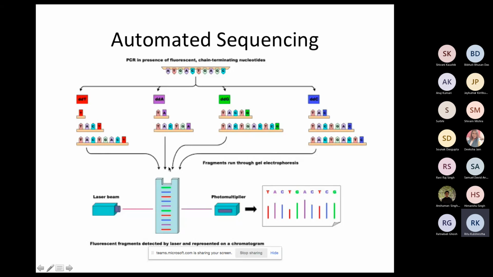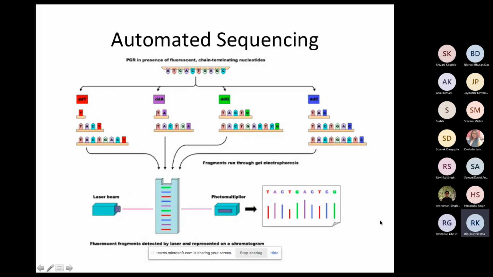When this fragment reaches here and passes through the laser beam, there is a photomultiplier, and I can finally detect that, okay, this small fragment has T at the end. Then the next fragment will come, and again the laser beam will shine, and then I can deduce that after that there is A, and so on.